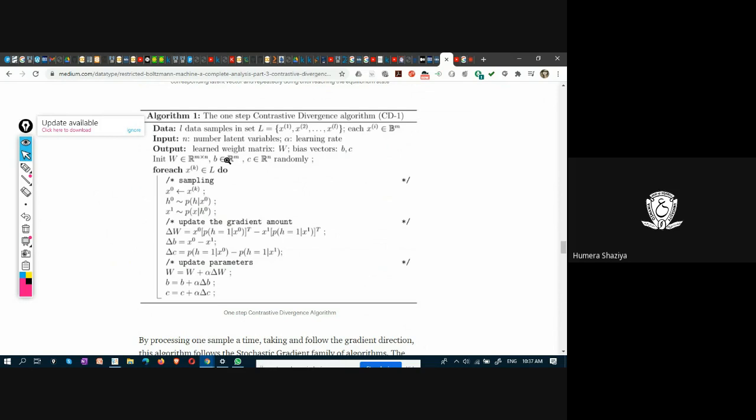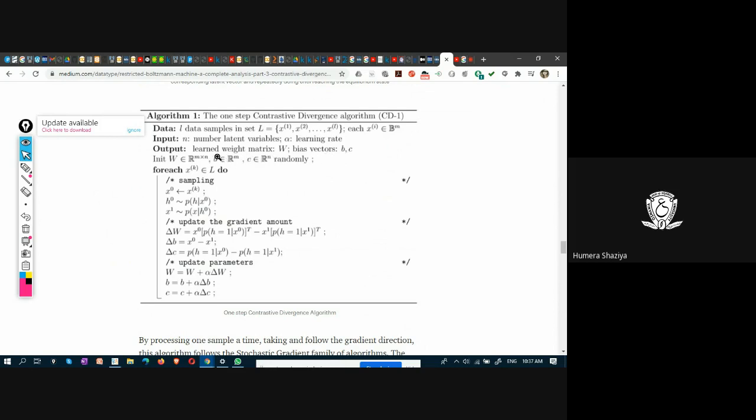Latent variables are those variables found in hidden units, and there is a learning rate alpha. What will be the output? The output is the learned weight matrix W and bias vectors B and C. We know that X is to be multiplied with B and H with C. Those are the bias vectors.